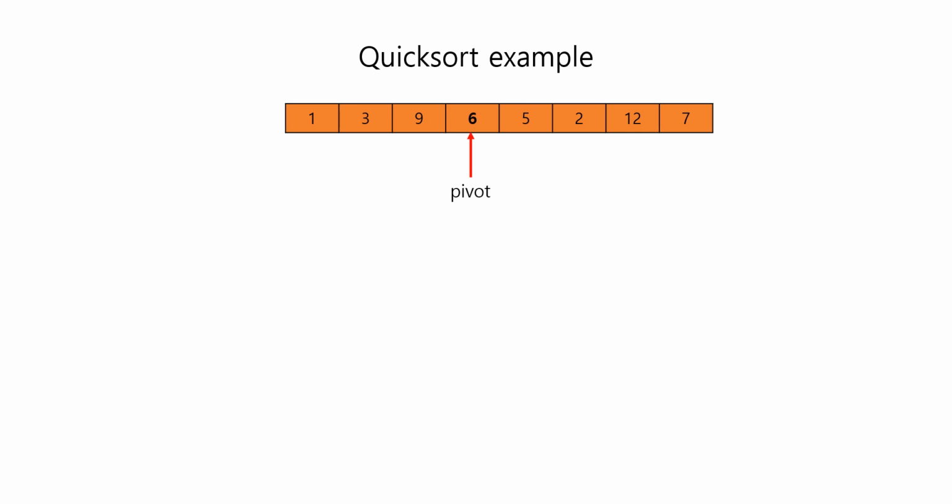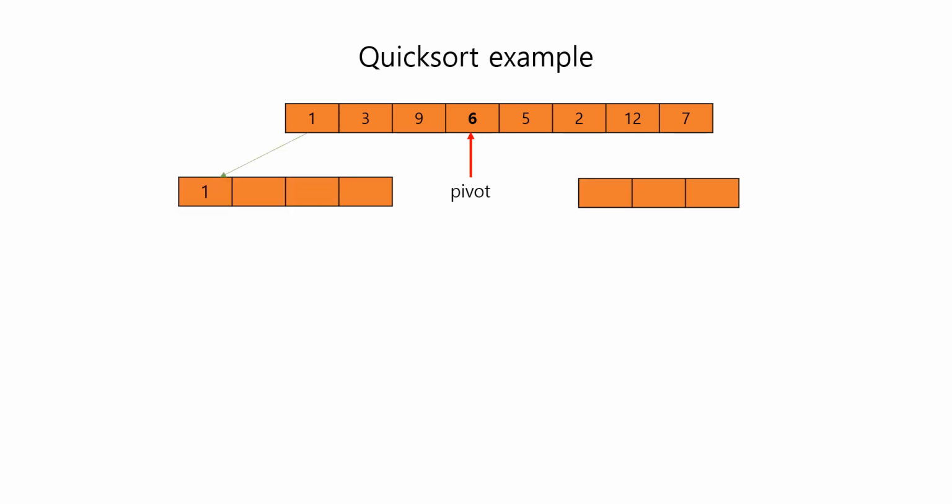In this case, let's assume that the pivot is number 6, and the original array will be divided into two subarrays, and the elements less than 6 will be stored on the left, and the elements larger than the pivot will be stored on the right.